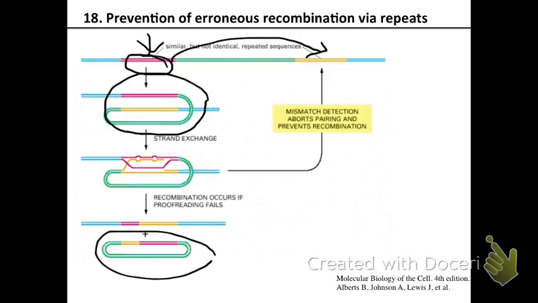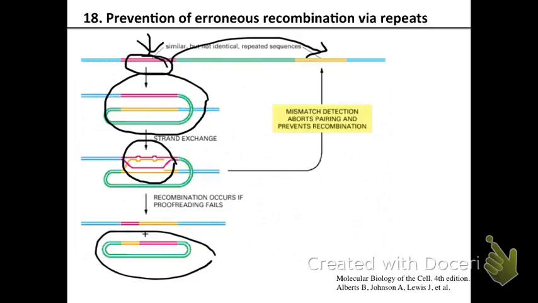But good thing, the repeats are not under strong selection. That means repeats can accumulate lots of mutations with no problem. The repeat sequences are usually not exactly the same. They're very similar, but sometimes you have one or two mismatches in between two repeats. And what that results in is these little bulges, right? These little mismatches in the DNA during homologous recombination. And the homologous recombination machinery is very strict.